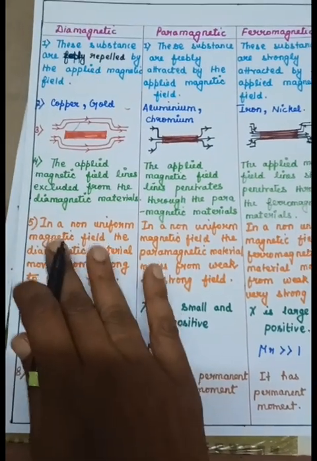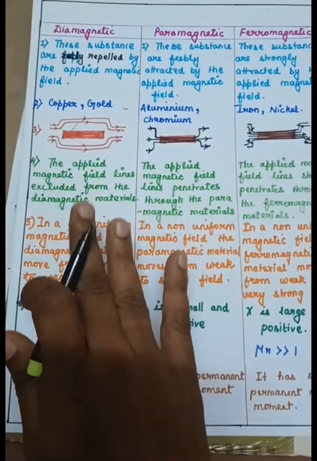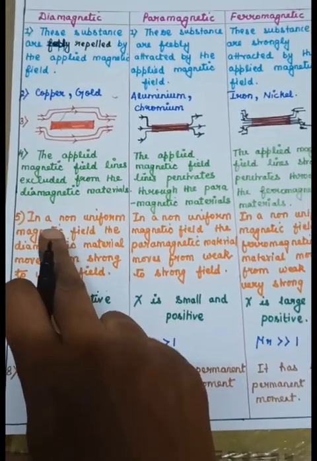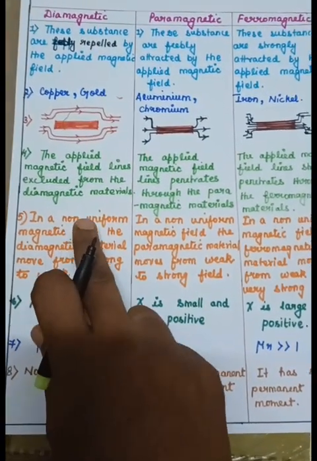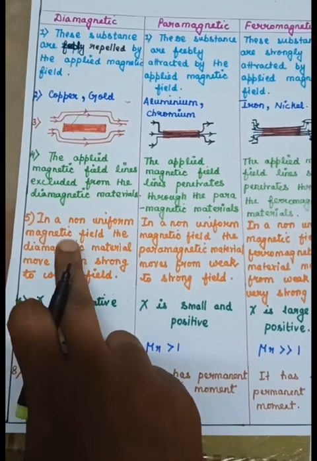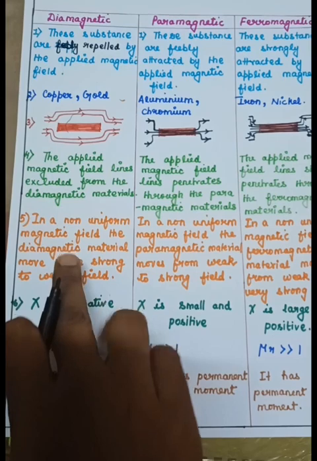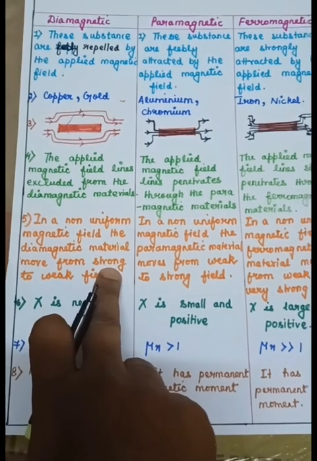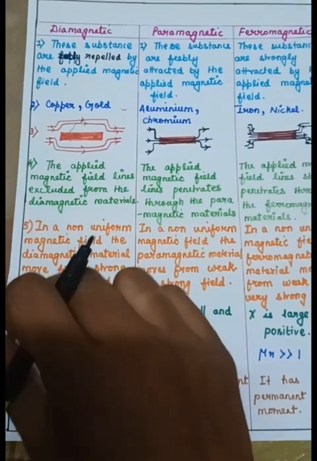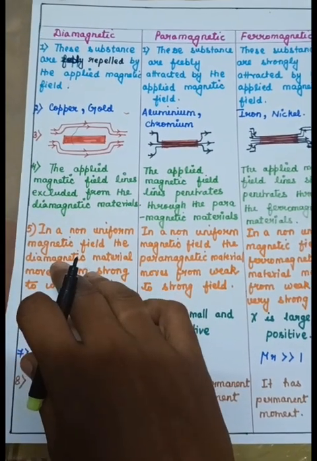So what if these kinds of materials are placed in a non-uniform magnetic field? If a diamagnetic material is placed in a non-uniform magnetic field, it will try to move from strong to weak field, because I already told you that diamagnetic material will be repelled by the applied magnetic field.